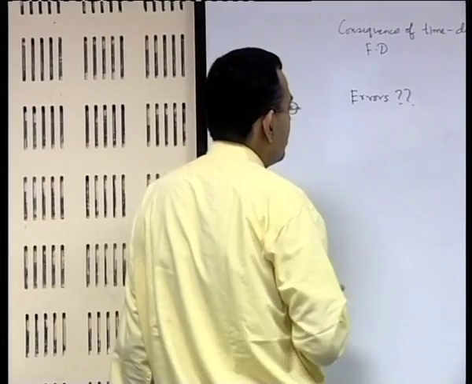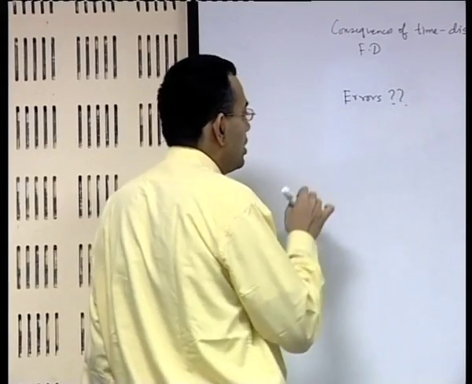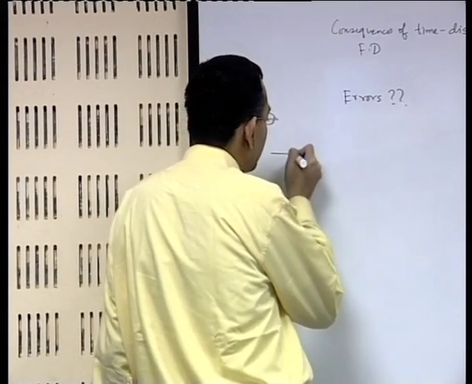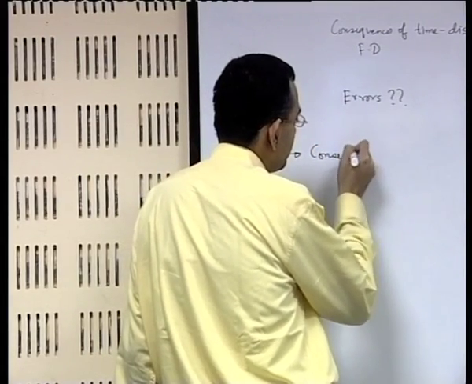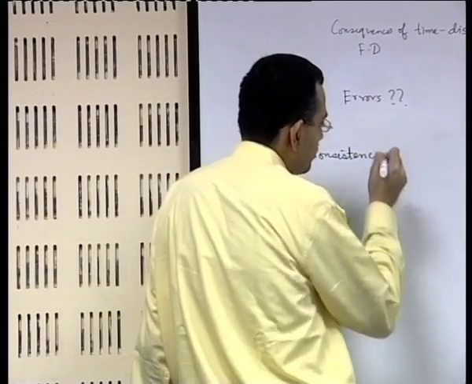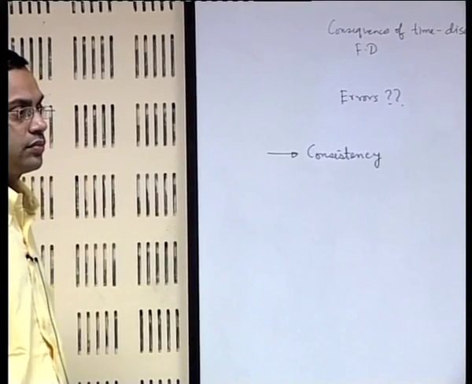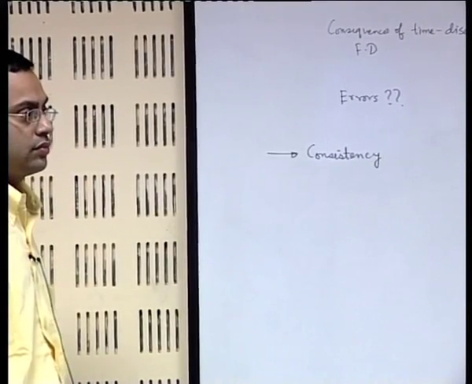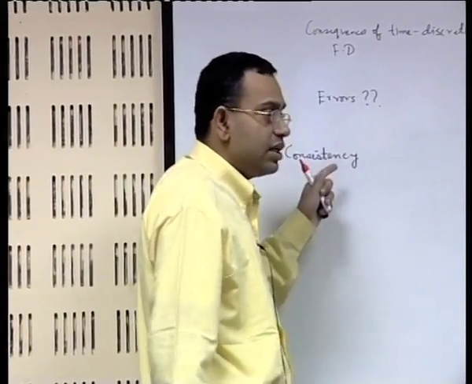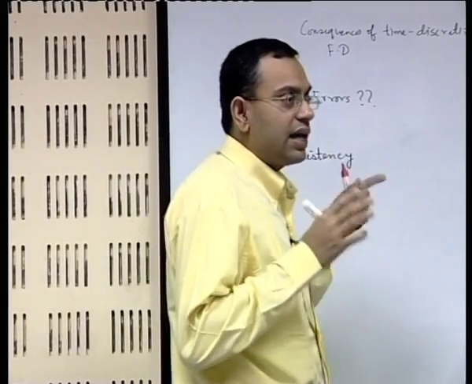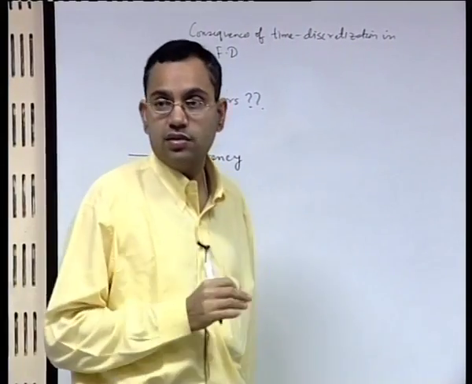To do that, we will consider certain terminologies. First we will consider the terminology consistency. To appreciate the term consistency: consistency is a characteristic of a numerical scheme. We say that the scheme is consistent.